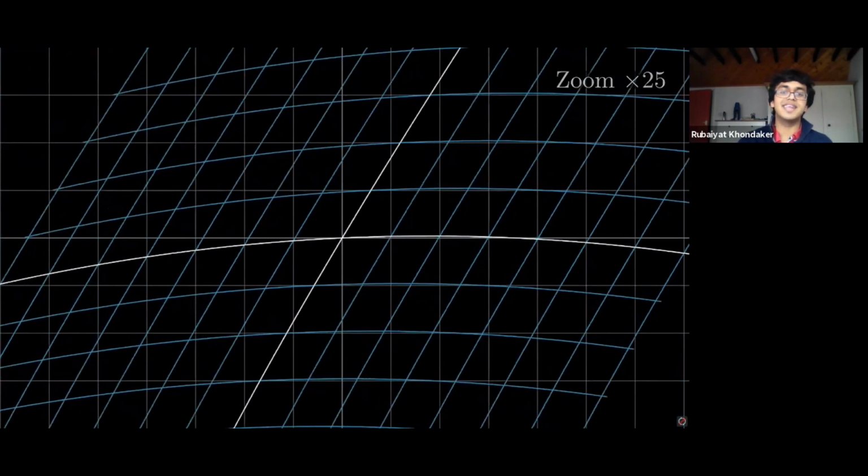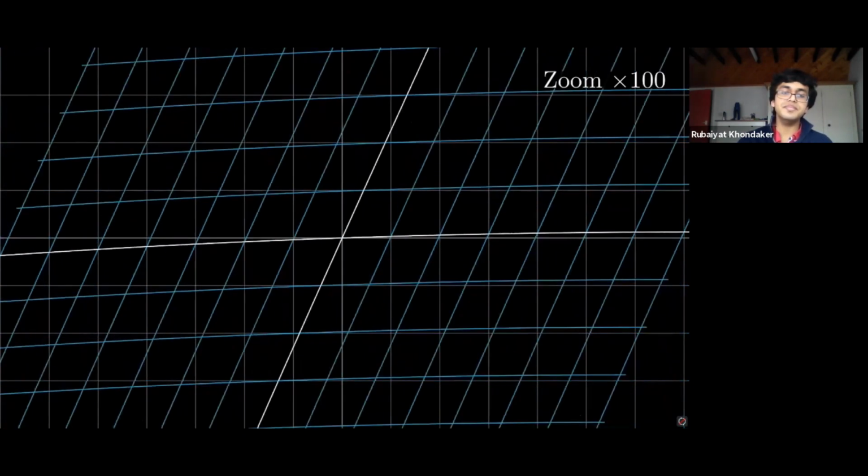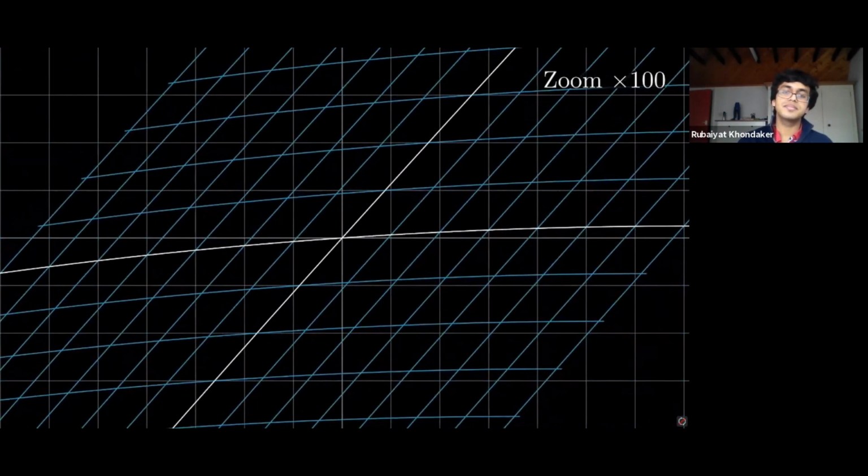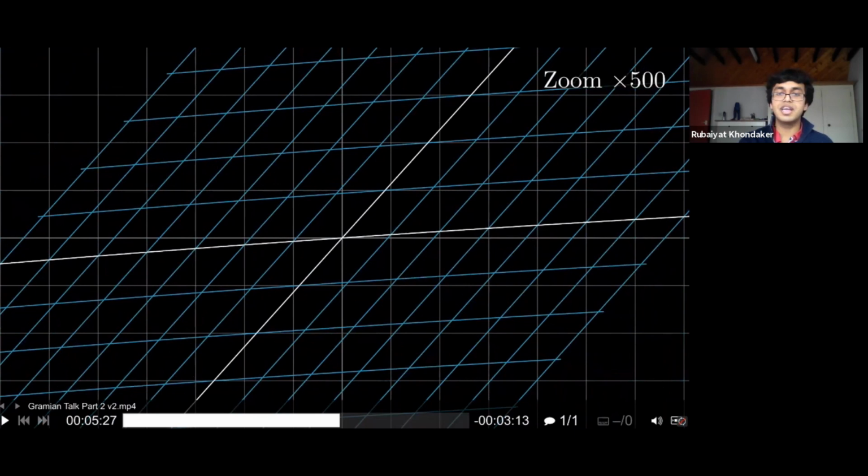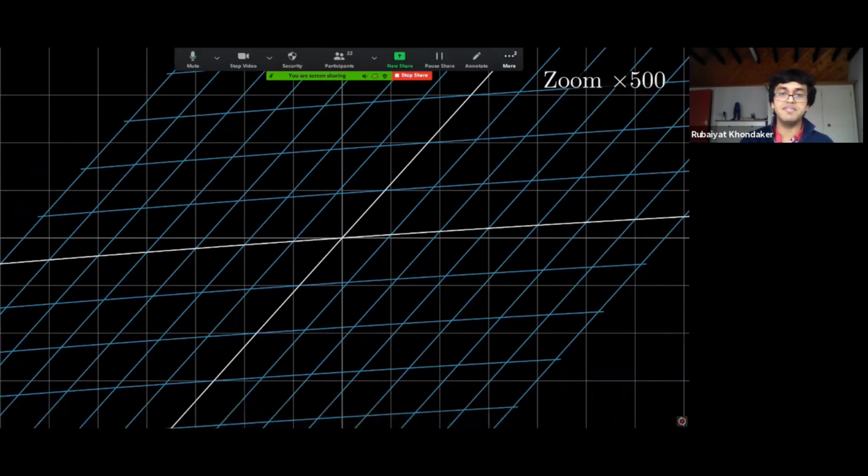And we might notice that it's getting more and more linear each time. And this looks pretty linear now, right? It looks like pretty straight lines and they look pretty evenly spaced. Okay, so it's a linear transformation.